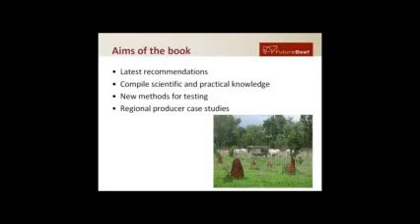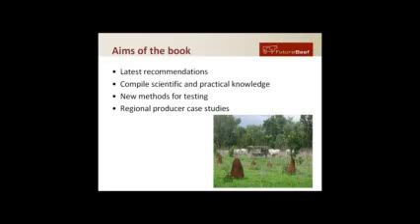So the book couldn't have been put together without Ian's help, and it was also funded by Meat and Livestock Australia. The aims of the book were to provide the latest recommendations for phosphorus feeding, so those have been refined somewhat. To compile scientific and practical knowledge, so there were some outcomes from the phosphorus literature review that have been distilled and put into this book.